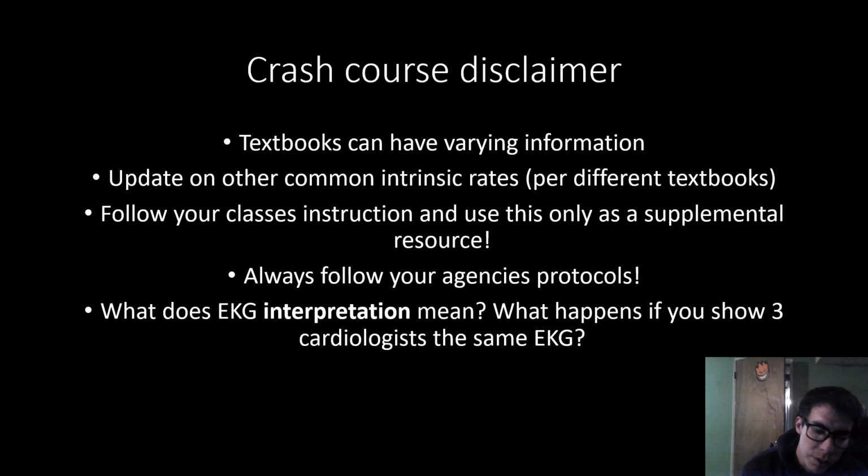The AV node is 40 to 60. And the ventricles are 20 to 40. There are, like I said, some books that will tell you different, and it's not necessarily wrong, but I think this is probably the most accurate because I've checked multiple places, and these are the numbers that I have found most consistently. So I would go off of those personally.